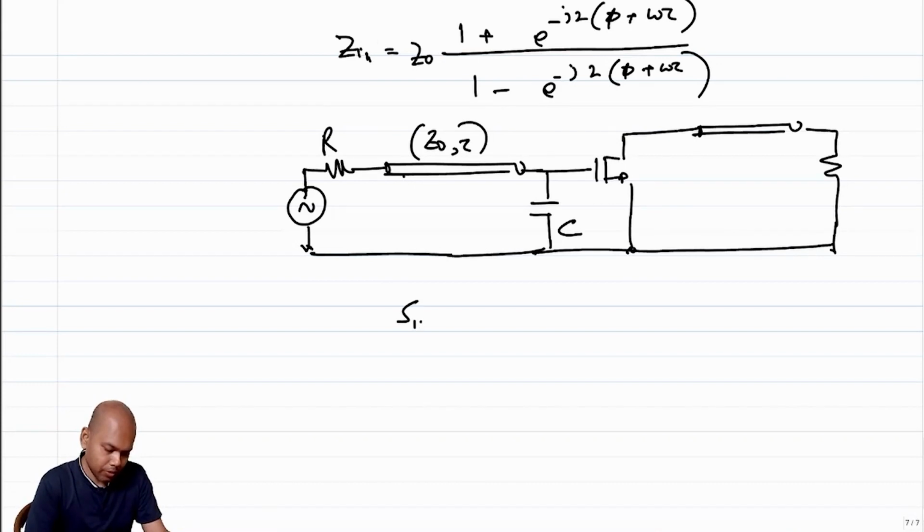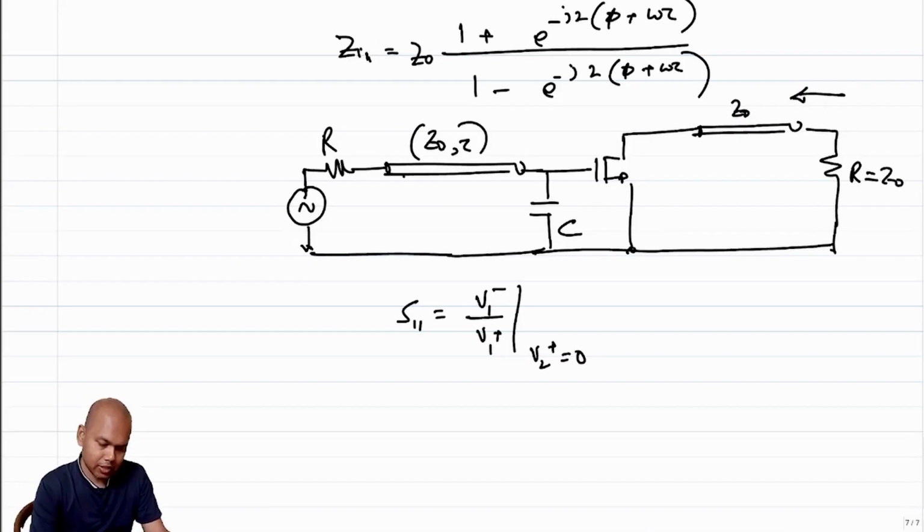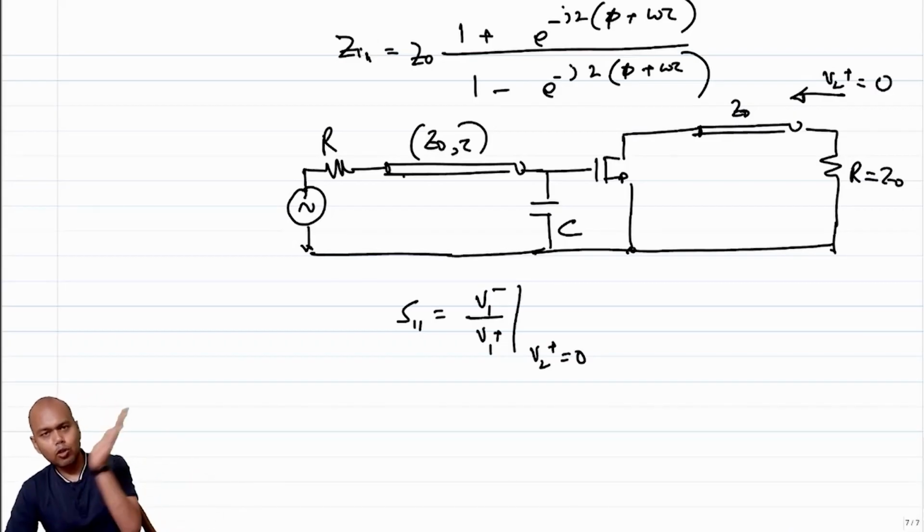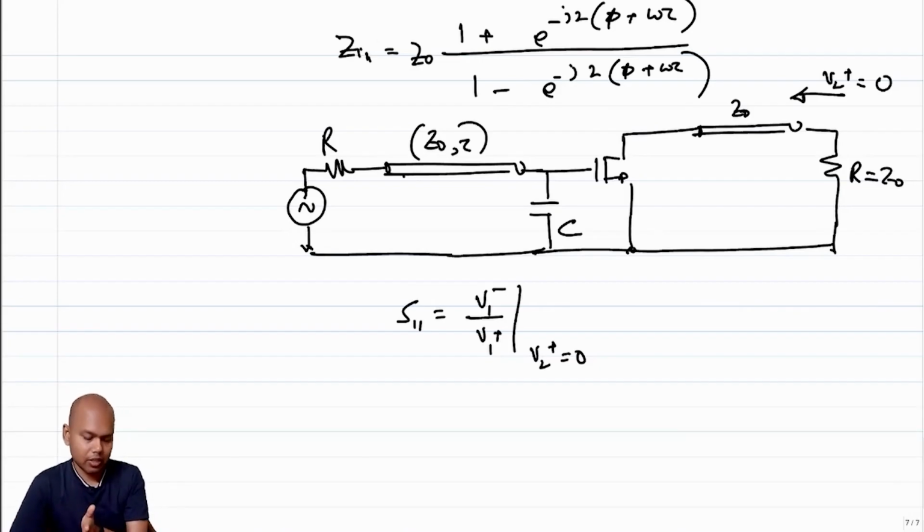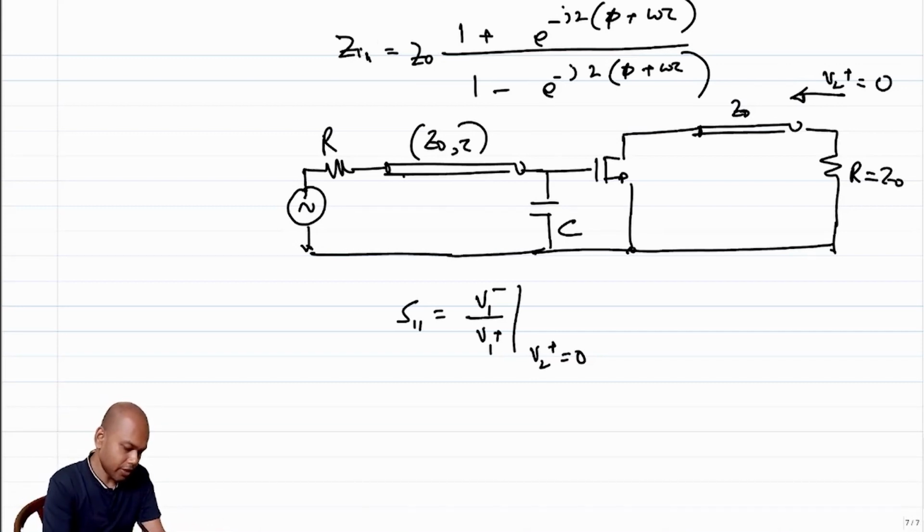I'm essentially looking for S11, which is V1 minus by V1 plus when V2 plus is equal to 0. Under this setup, is V2 plus 0? Yes, V2 plus is 0, because I have forced the output port to be at Z0. So all we have to do is find out what V1 minus and V1 plus are. That we have already figured out from the previous analysis.